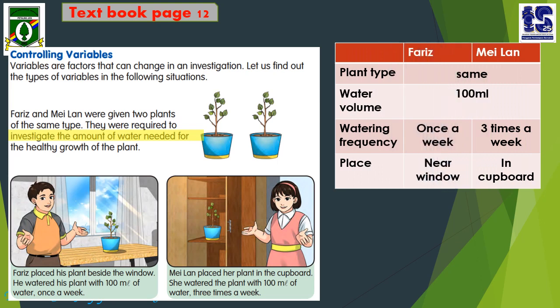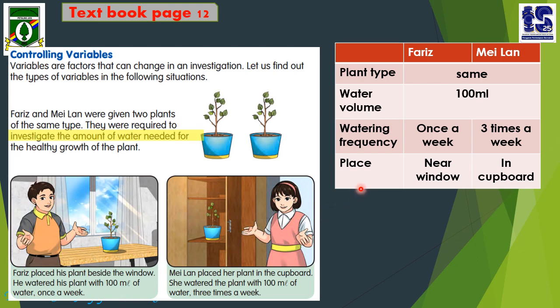Okay, I summarize the situation in a table. Faris and Melan plant the same type of plants. Every time they water the plants, they pour the same water volume. But the watering frequency is different: Faris once a week, while Melan 3 times a week.